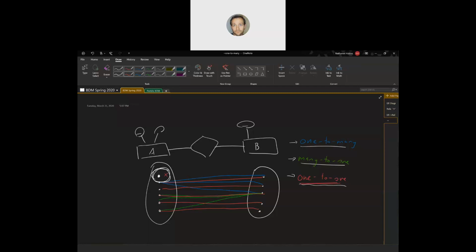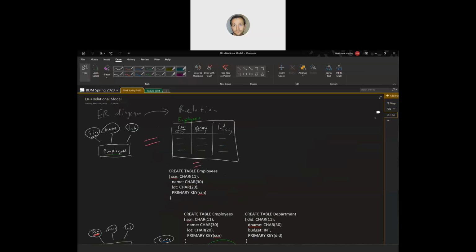But that aside, for the one-to-many and many-to-one relationship, just using these words doesn't capture whether these types of points are allowed or not. But the entity relationship diagram can capture that by adding a thick line. So that's just a quick review.